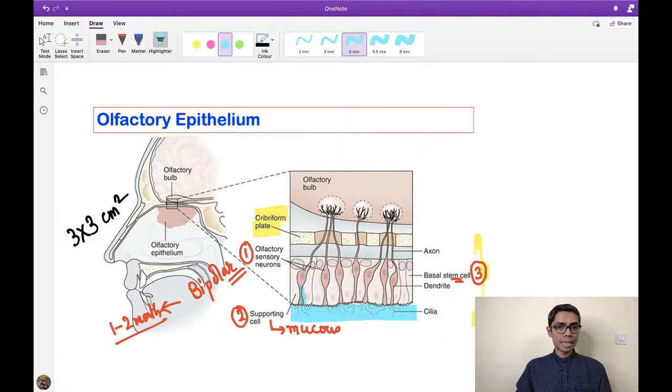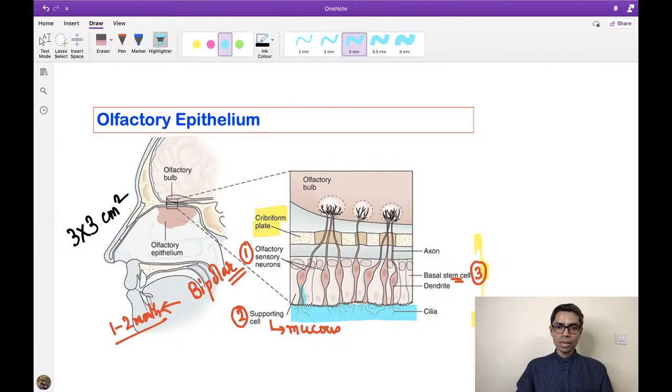Because of the exposure, there is a covering of mucous membrane, and that is secreted by the supporting cell. So three things: the bipolar cell, that is the olfactory sensory neuron; the stem cell, which gives rise to the bipolar cell; and the supporting cell, which is responsible for secretion of mucus.